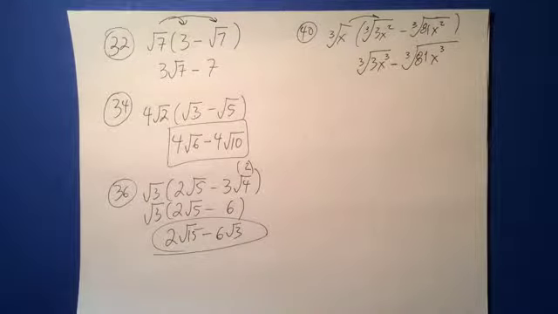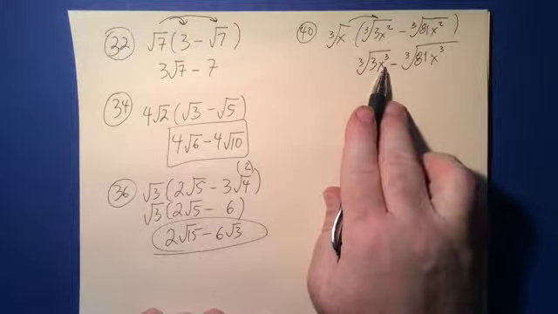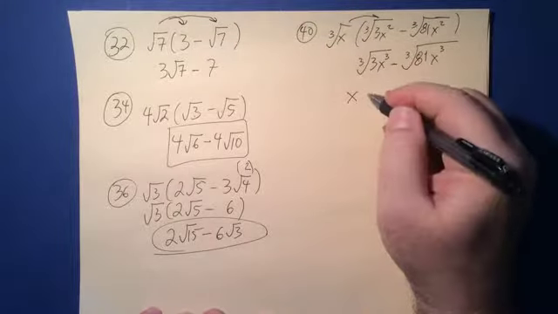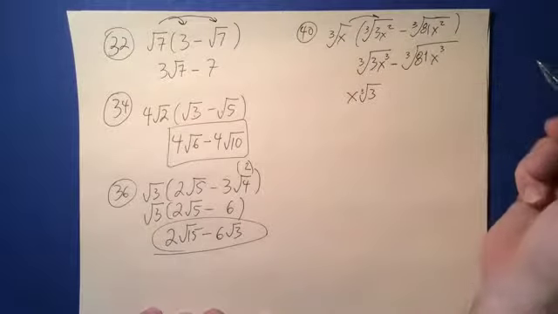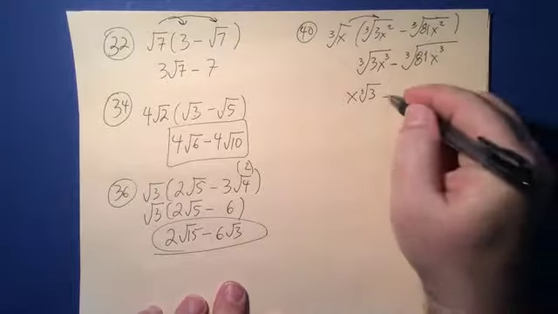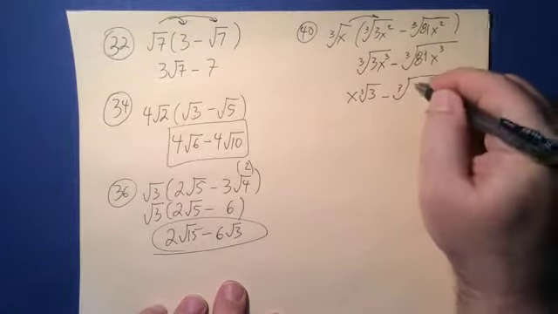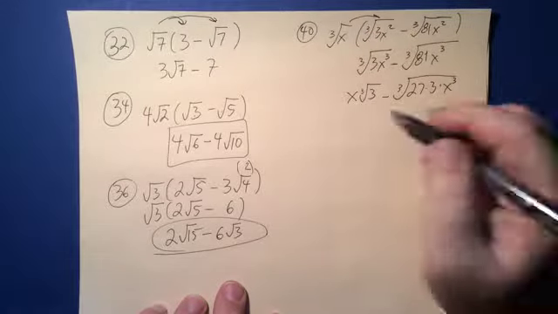At this point, we can begin to take a look at this and see if it's simplifiable. So hopefully you recognize that if I take x to the third, I take the cube root of that, that's going to give me x. That's going to be the cube root of 3. Well, I should get something with the cube root of 3 over here, but it's going to require a little further simplification. So it's going to be the cube root of 27 times 3 times x to the third.